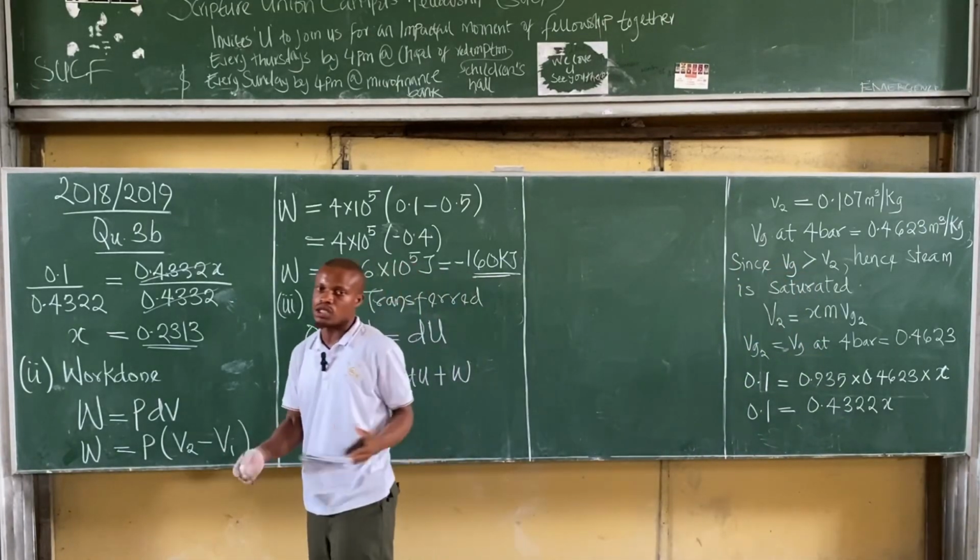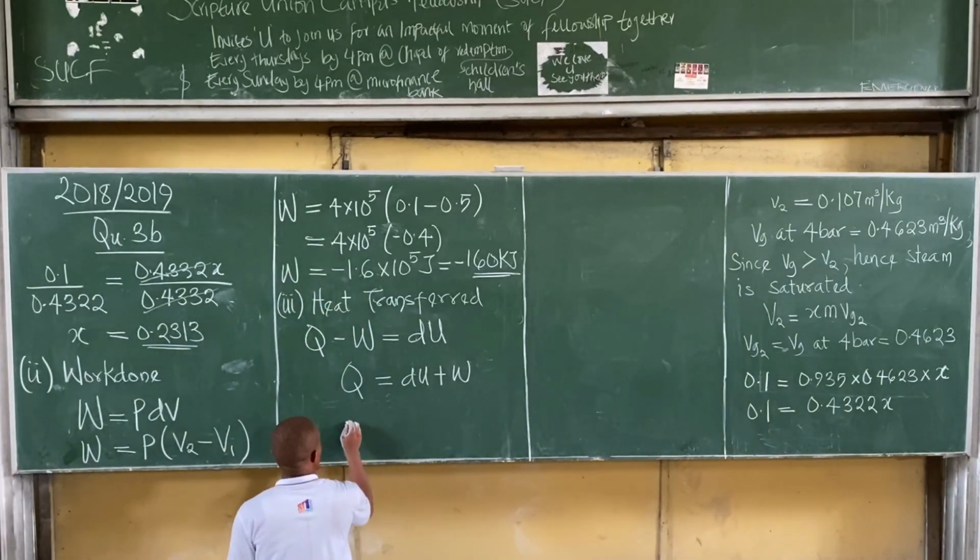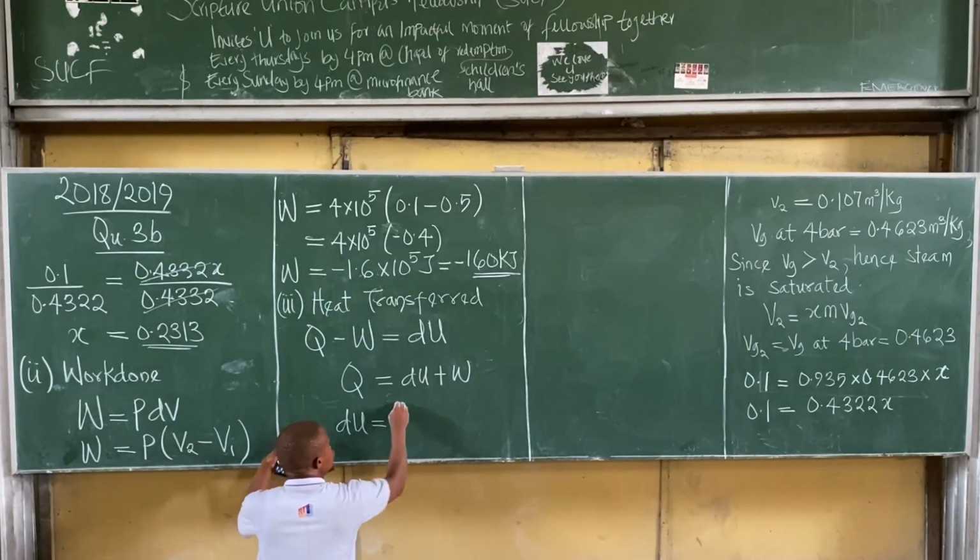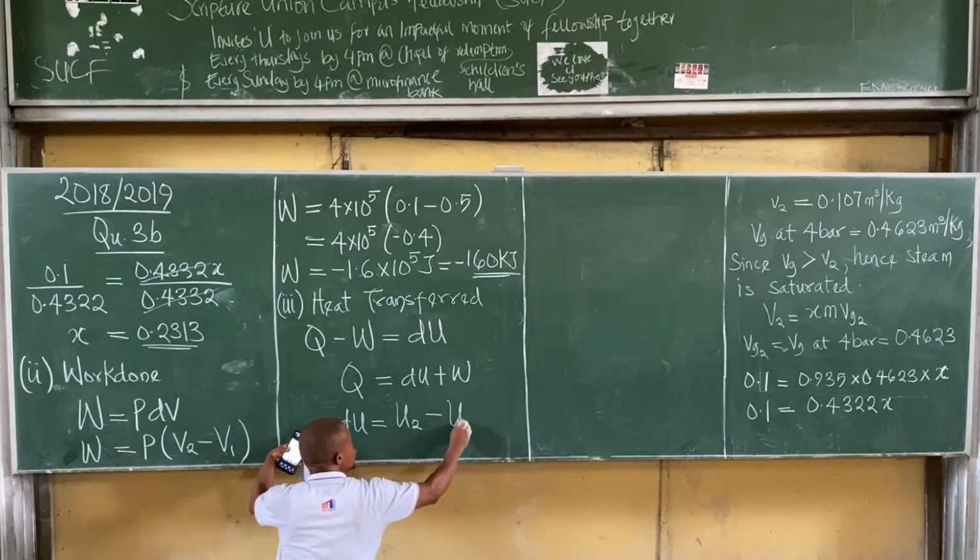The change in U is the change in internal energy, right? So ΔU equals U2 minus U1.